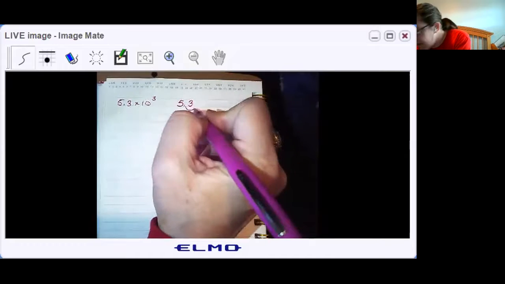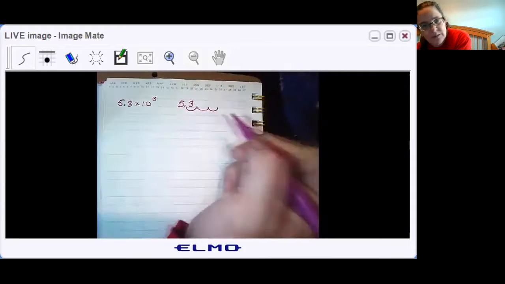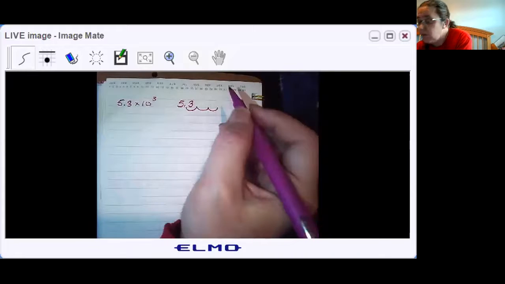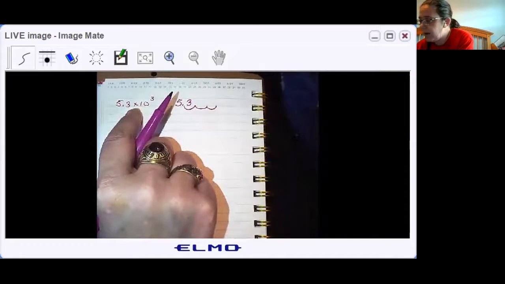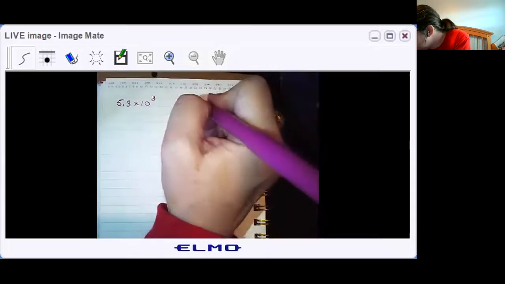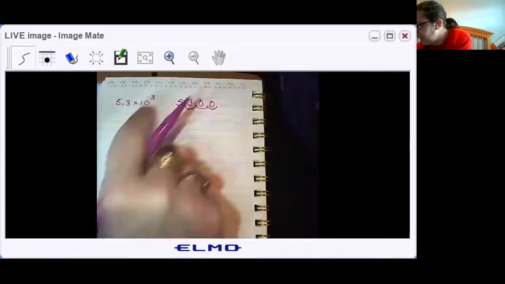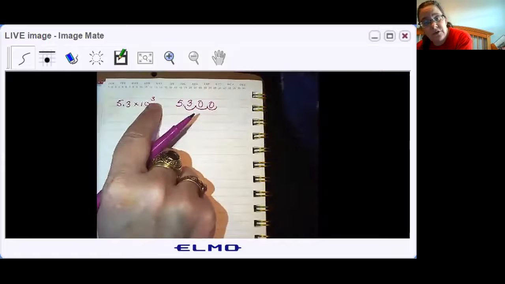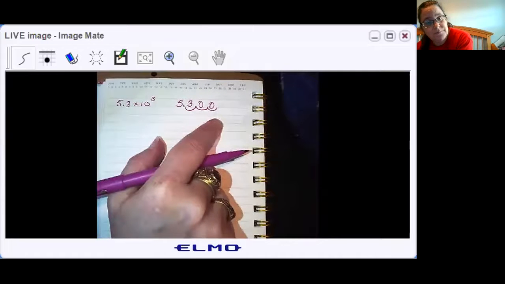So 1 I've got. 2 and 3 are empty loops. Well, remember, we're multiplying by 10. And if you're multiplying by 10 and you have empty loops, you just add zeros. So 5.3 times 10 to the third is the same as 5,300.